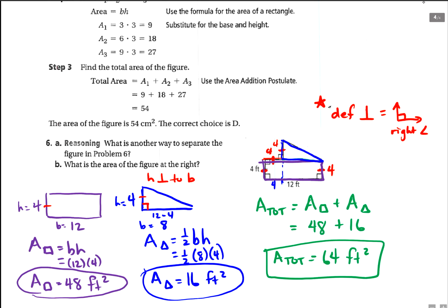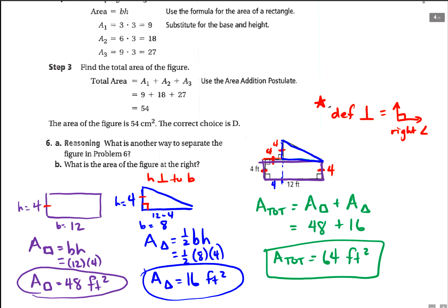The definition of perpendicular is a right angle. So if two lines are perpendicular, you have a right angle. So lucky for us, our height and our base here are perpendicular to each other. Our two measurements are perpendicular, so we have height and base. Put them in the formula. Area of our triangle is 16 feet squared.